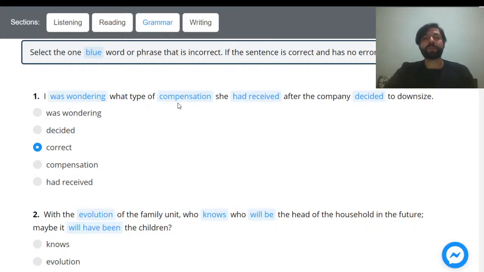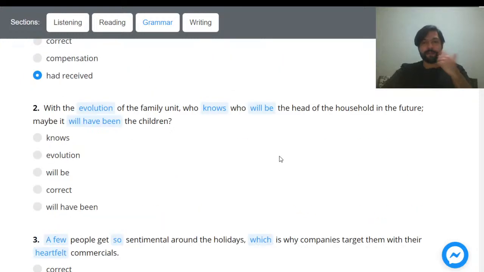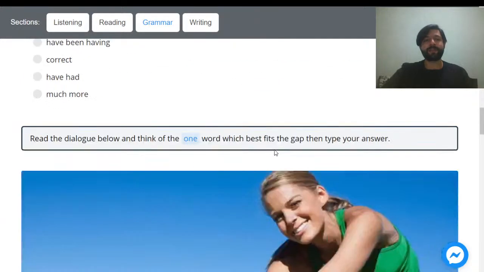One of those parts might be wrong or not. If nothing is wrong, you pick correct. But if something is wrong, like, oh, had decided, then you click on had decided, because this part is wrong. You don't need to explain why it's wrong or correct it. You just have to mark that part as wrong. Okay, so this is the first part.